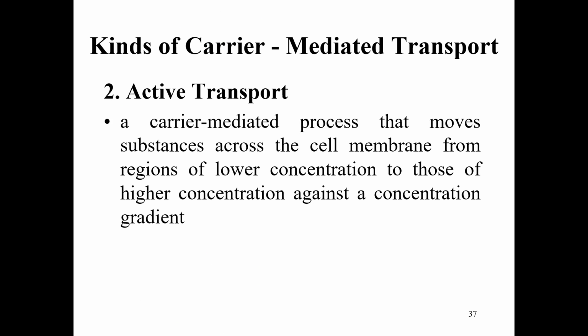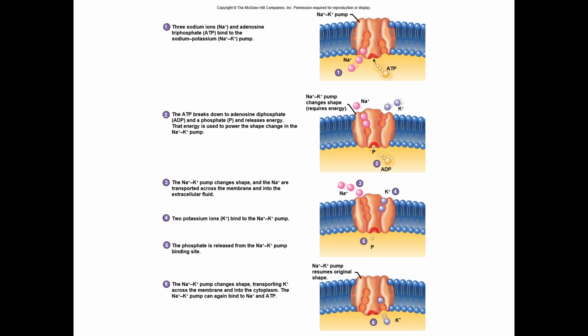Next, we have active transport, a carrier-mediated process that moves substances across the cell membrane from regions of lower concentration to those of higher concentration, against a concentration gradient. So this is high to low, low to high. And this requires ATP. Take for example the sodium-potassium pump.